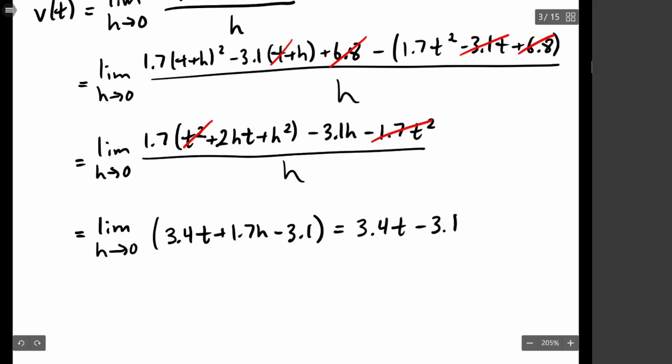So this is v of t. That's the velocity function right here.